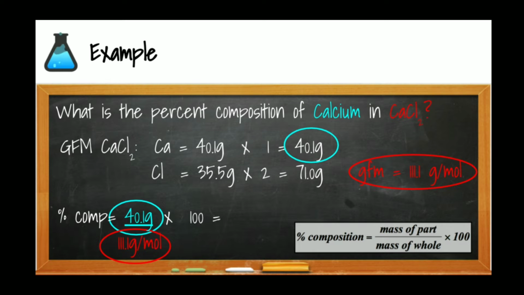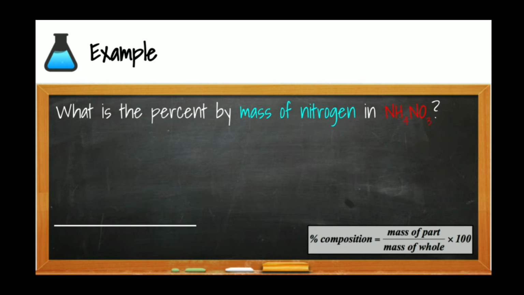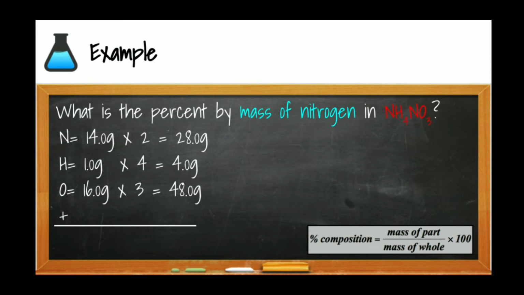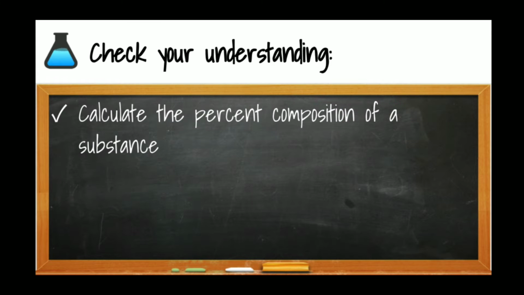Once we substitute and solve in our calculator, we'll get the percent by mass of calcium in calcium chloride is 36.1%. So by now, you should be able to calculate the percent composition of a substance.